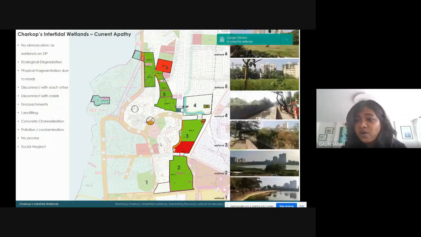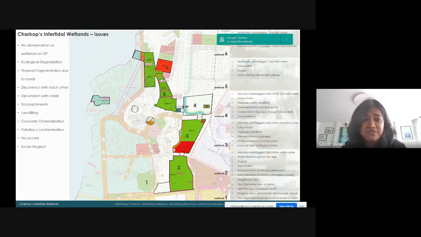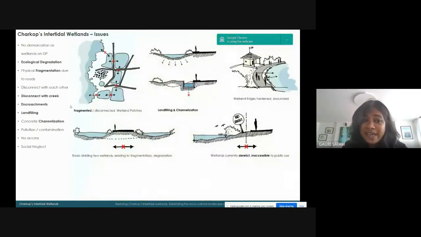I've also studied all these wetland patches in detail and tried to understand the different issues they face in terms of ecological degradation, fragmentation, a disconnect with the creek ecology, encroachments from different ends, land filling, channelization, and basically no access to these wetlands, hence a social neglect.